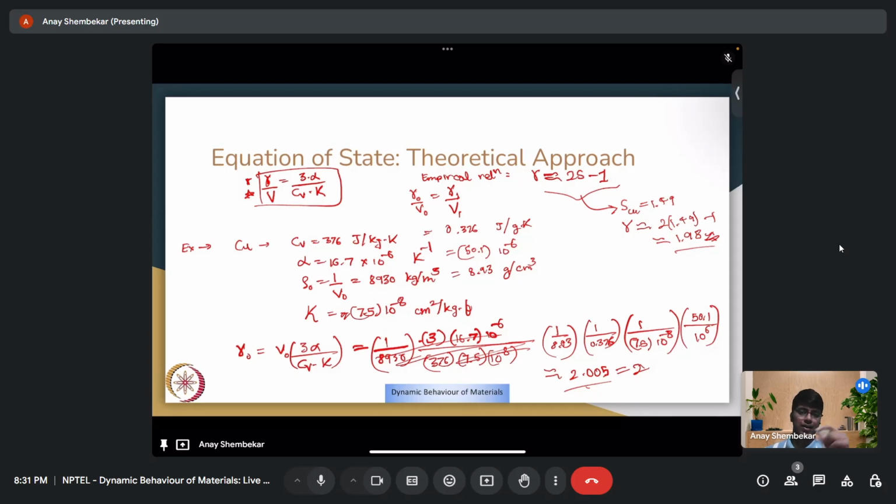And if there is not much change in your alpha, CV, and compressibility values, kappa, you can say that the ratio gamma by V for two different states should be the same.